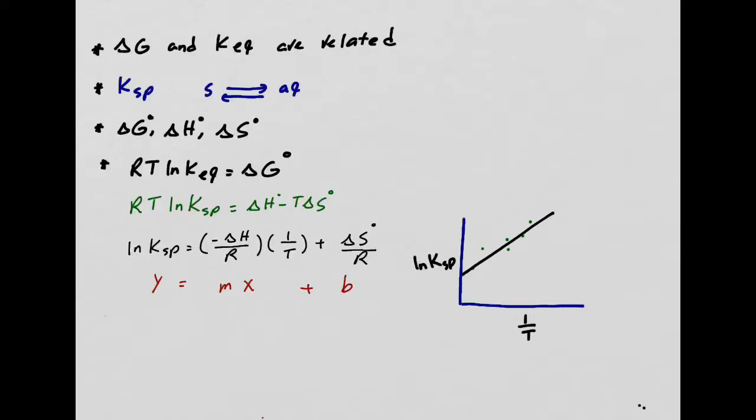So far, so good? Okay. Now, one thing I want you to pay attention to, and this is a little bit different than kinetics, is the slope. The slope can be plus or it can be minus.